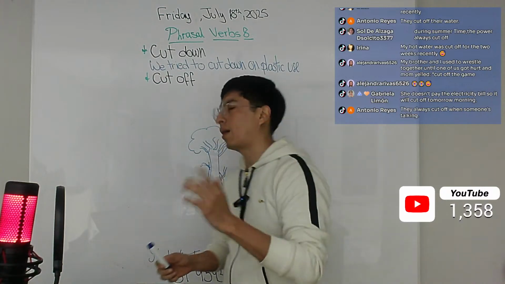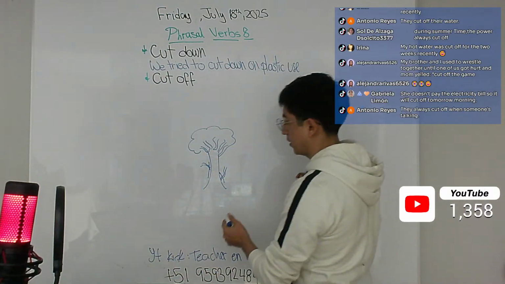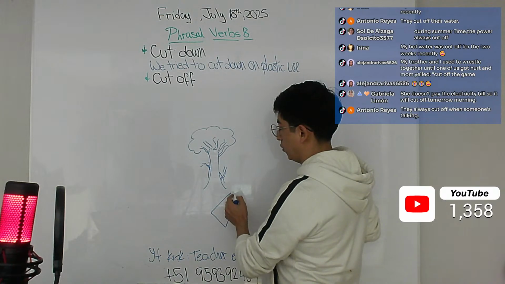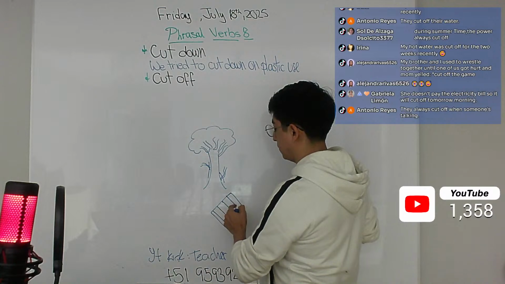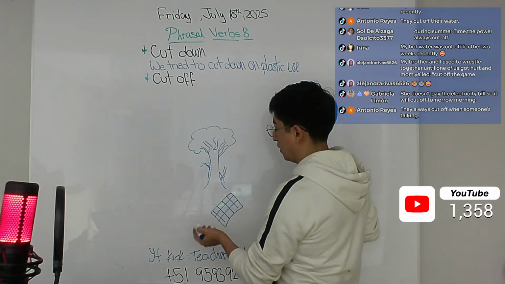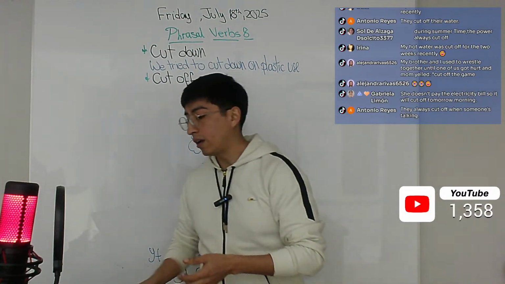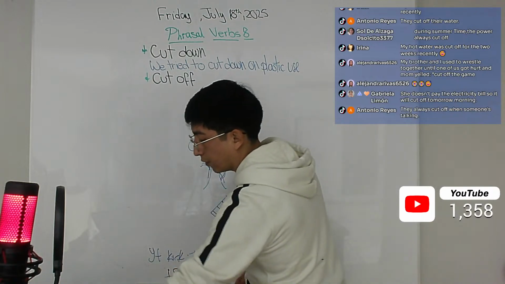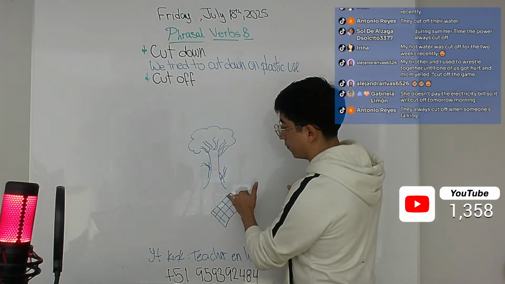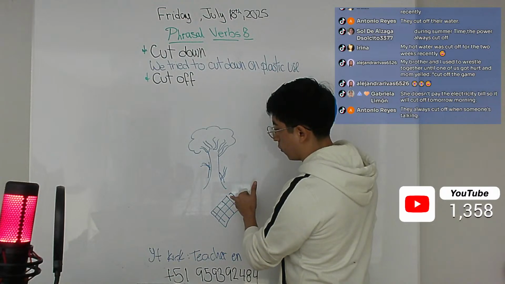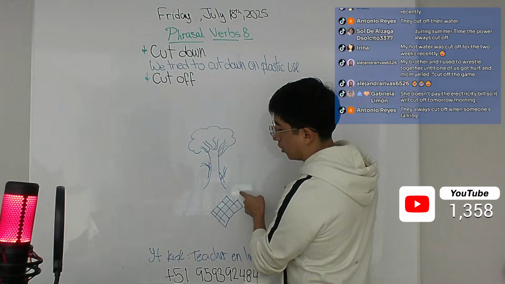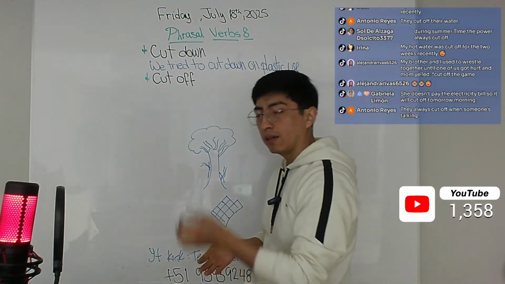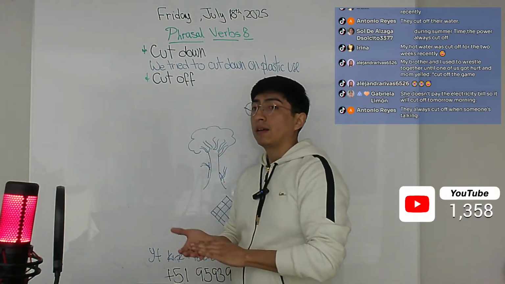Okay, other possibility. I'm going to give you one more example, so you can understand this. Maybe you have a chocolate here, and you can say, for example, I need to cut off just two squares or two blocks of chocolate, and you say, hey, this is for you.